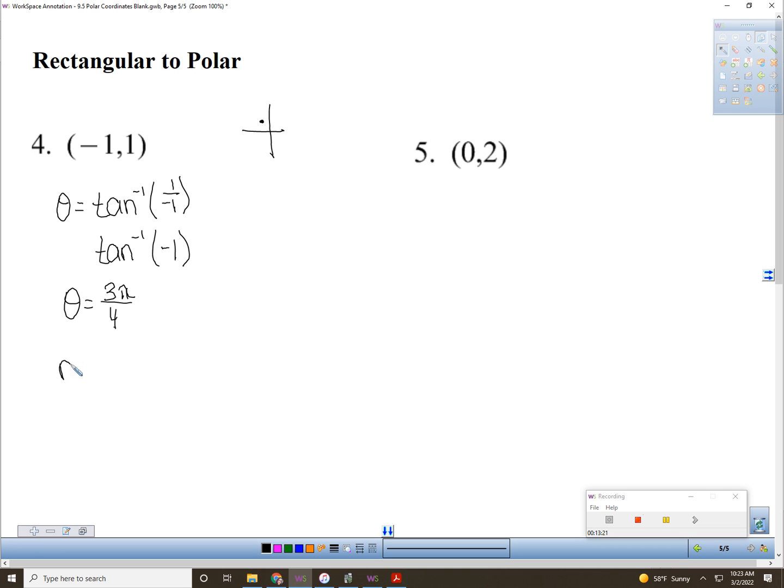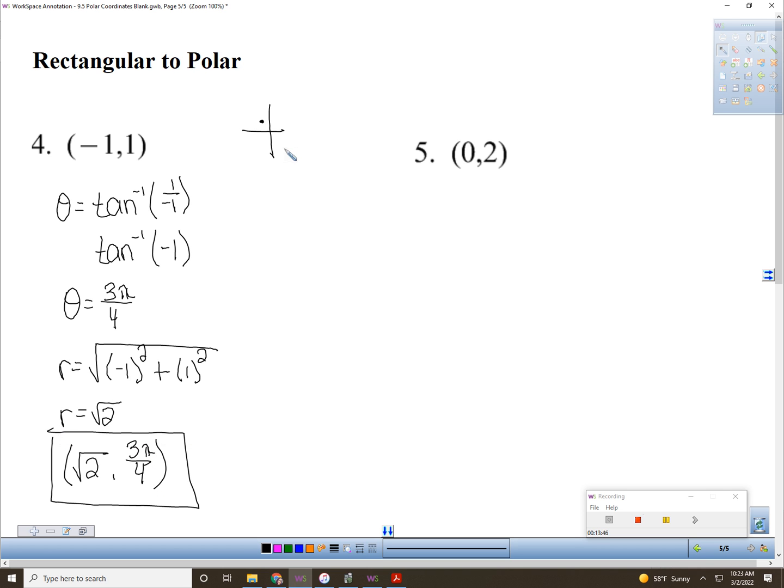And then to find r, remember you're just going to take the square root of x squared plus y squared, which gives me the square root of 2. So my polar coordinates would be the r value, so square root of 2, comma, the theta, which is 3 pi over 4. So that would be the same location as this point right here.